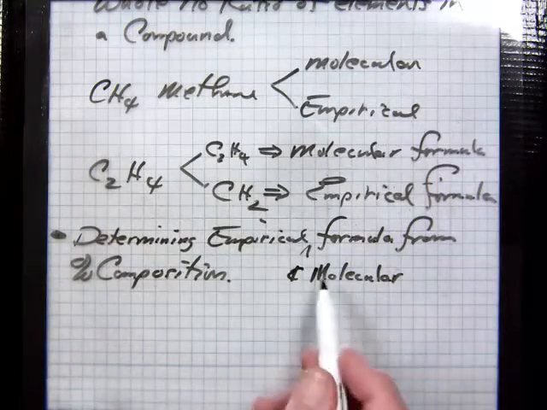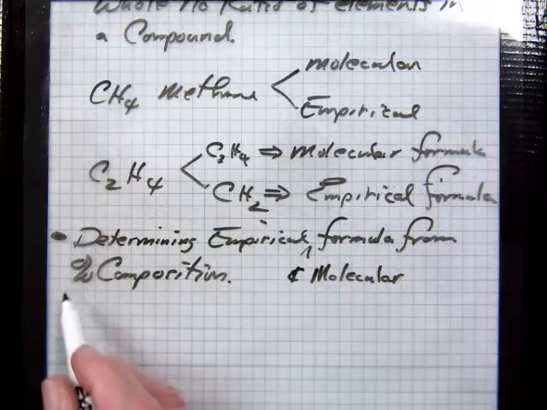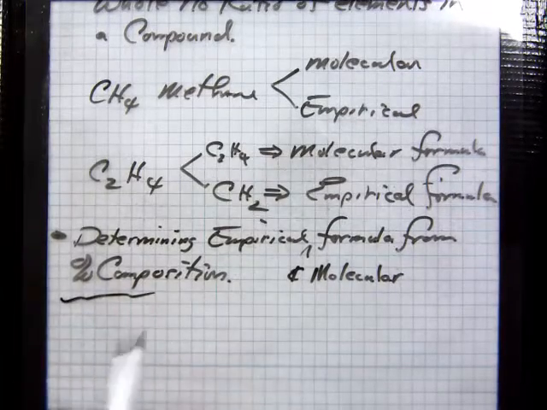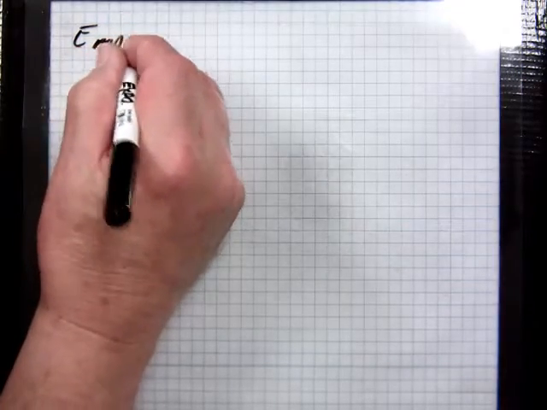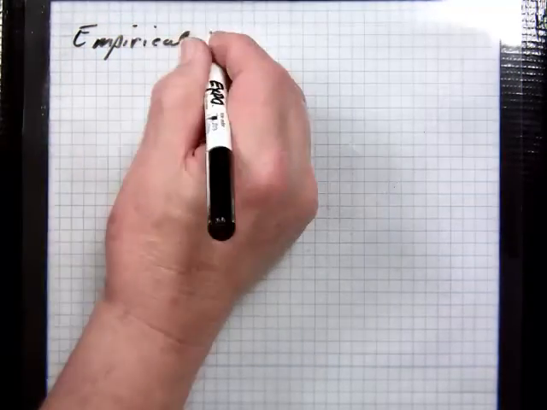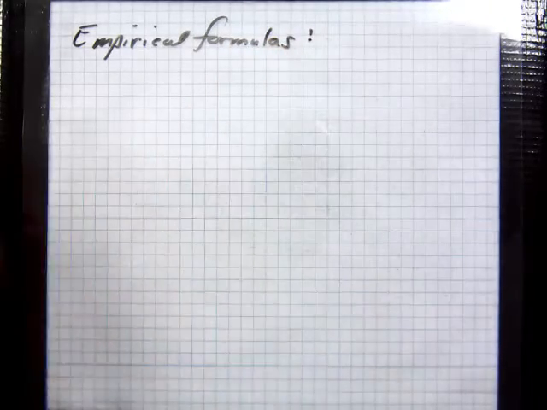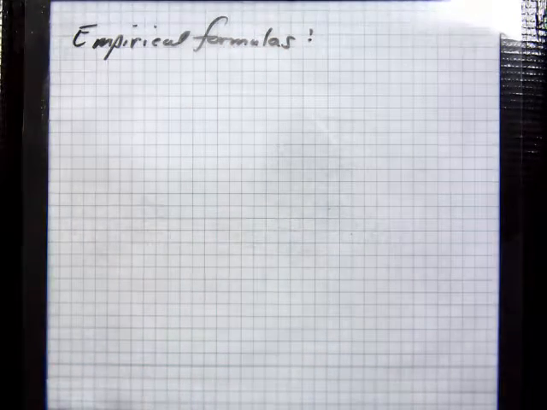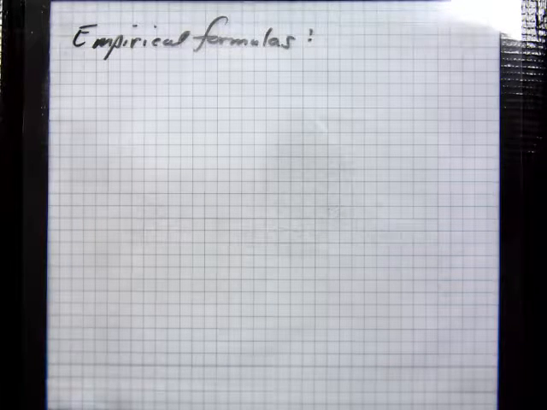You might insert empirical and molecular in here. Again, it's the smallest whole number ratio of elements within a chemical formula.